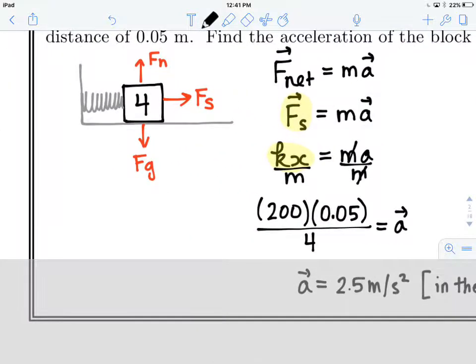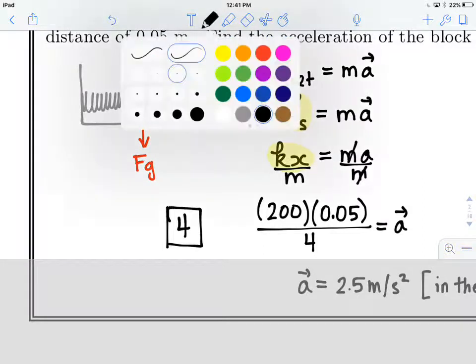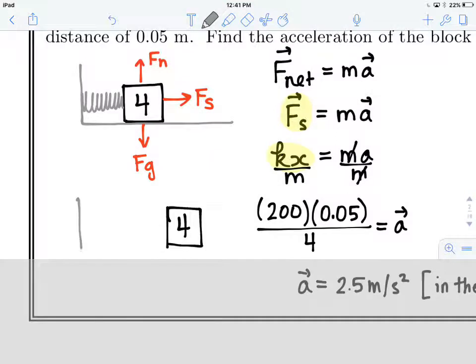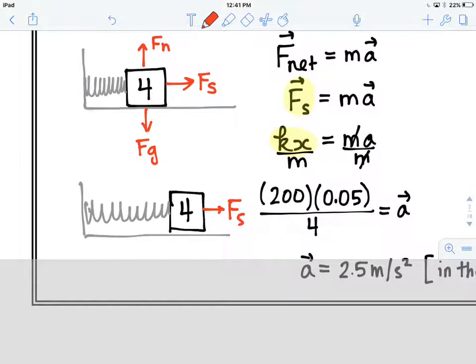So when this spring is here, but then at a later time it has moved a little bit, now the spring is not coiled up quite as much, and there may still be a spring force acting, but when you compare this scenario with this scenario, there's less of a compression here than there is here.